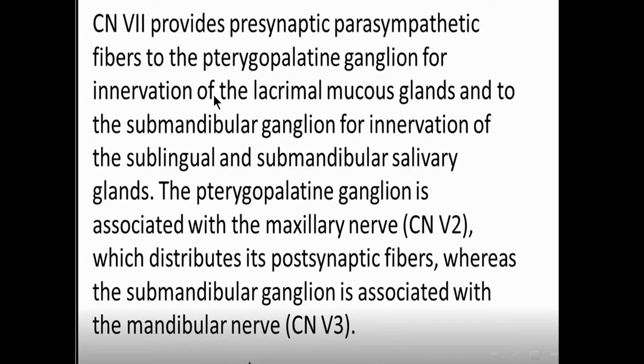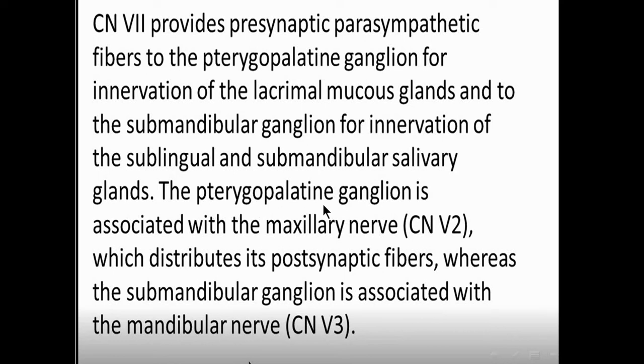The facial cranial nerve provides presynaptic parasympathetic fibers to the pterygopalatine ganglion for innervation of the lacrimal gland to secrete lacrimal fluid, and to the submandibular ganglion for innervation of the sublingual and submandibular salivary glands.